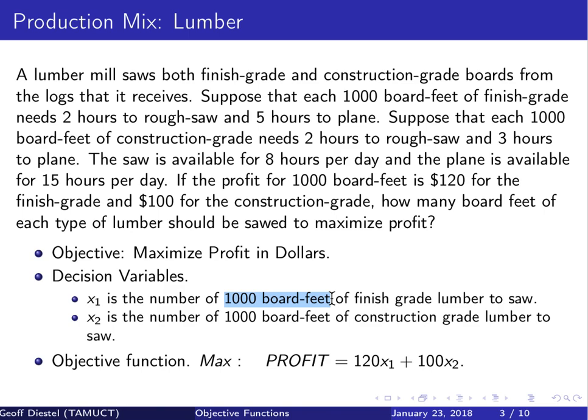And the reason we're using that unit is because the profit per unit for this was $120 for each of those 1,000 board feet. And then again, x2, the second variable, is just the number of 1,000 board feet of the construction grade lumber to saw.